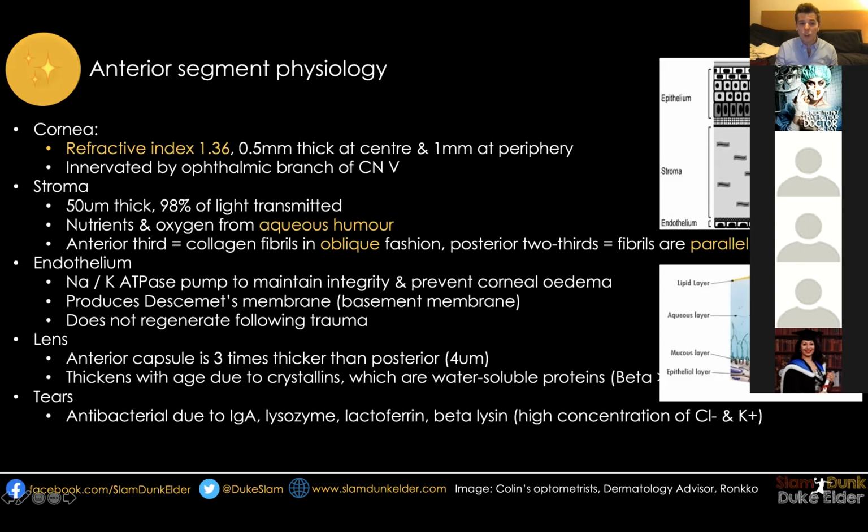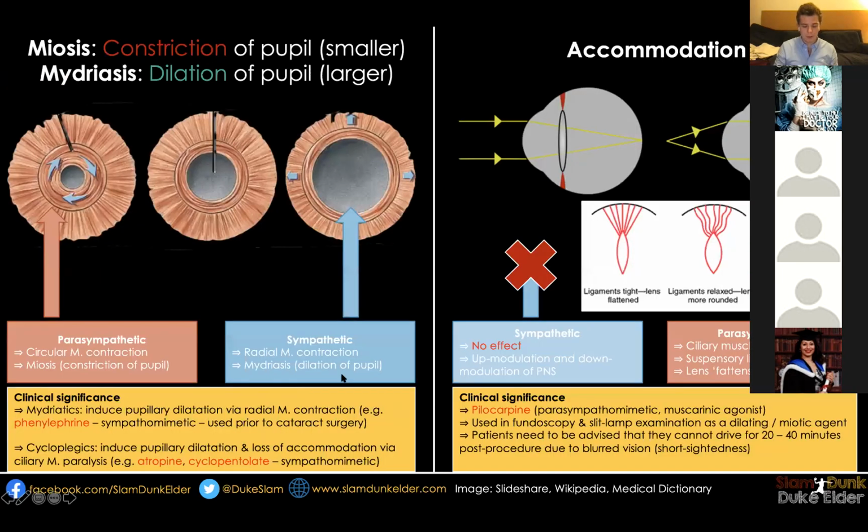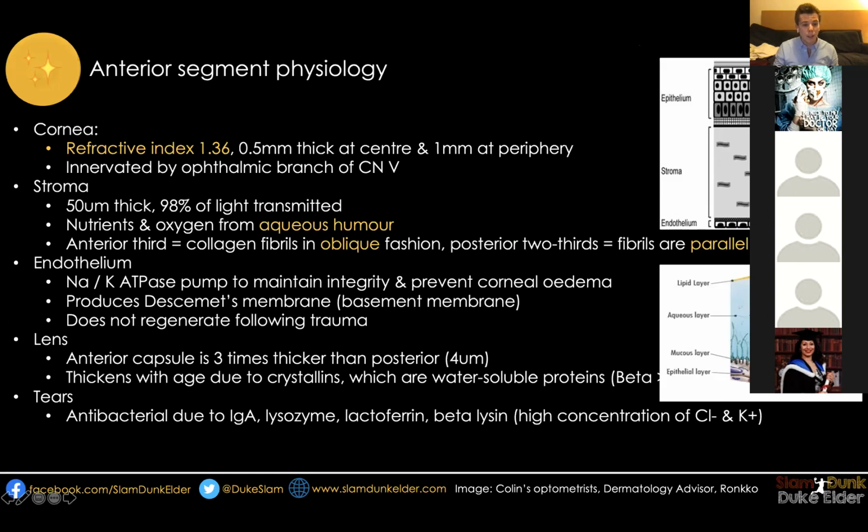It thickens with age due to crystallins, which with time get glycosylated and oxidized. Oh, sorry, and the tears have antibacterial properties due to specific immunoglobulins, lysozyme, lactoferrin, and beta lysine.